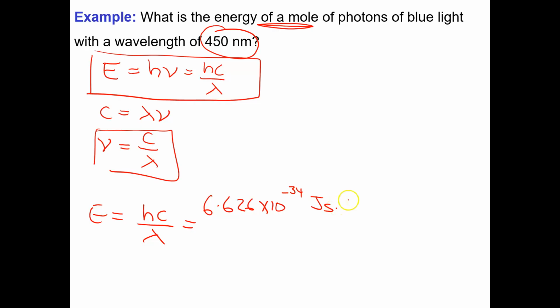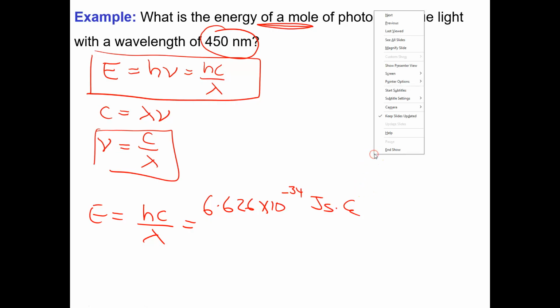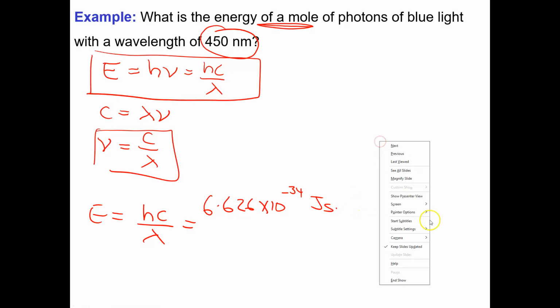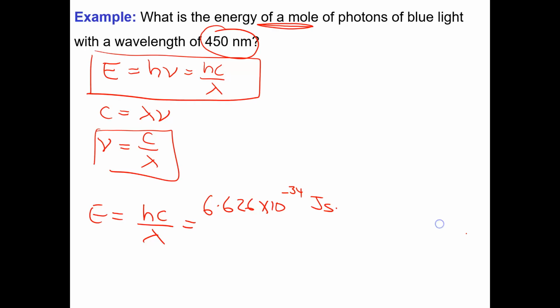The speed of light, 3.00 by 10 to the 8 meters per second.